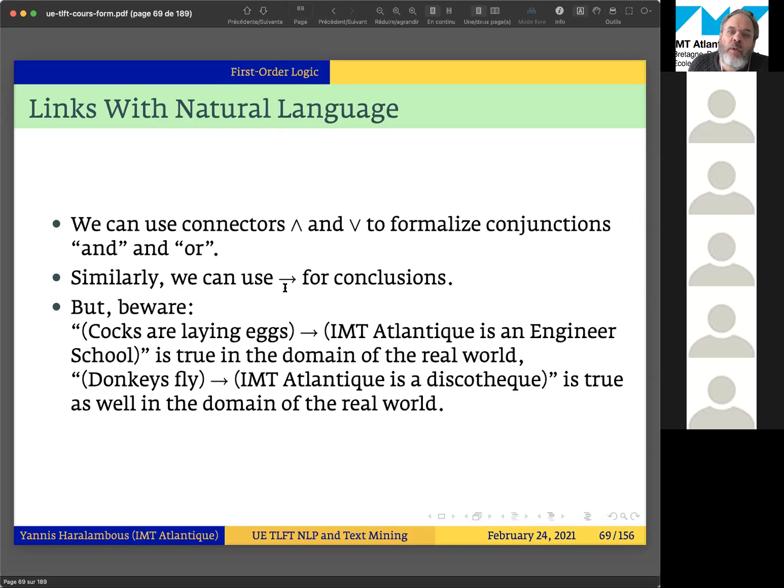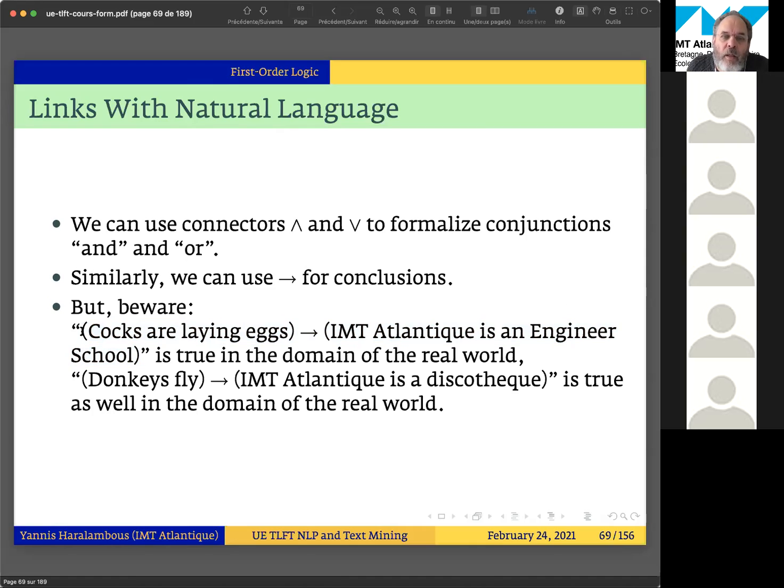We also use implication for conclusions, but be careful, as we said, implications are true when left part is true and right part is true, but they are also true in logic when the left part is false.